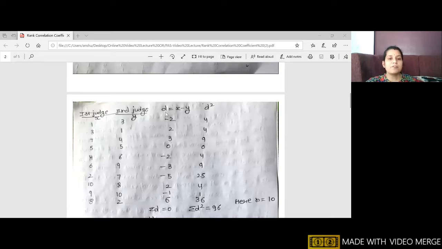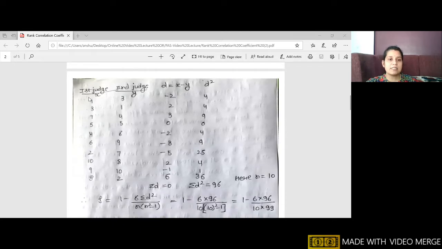So here first we write d is equal to x minus y. This is the column of x and this is the column of y. These two values are given in the question. So 1 minus 3 is minus 2, 3 minus 1 is plus 2, 7 minus 4 is 3, 5 minus 5 is 0, 4 minus 6 is minus 2, 6 minus 9 is minus 3, 2 minus 7 is minus 5, 10 minus 8 is 2, 9 minus 10 is minus 1, and 8 minus 2 is equal to 6.